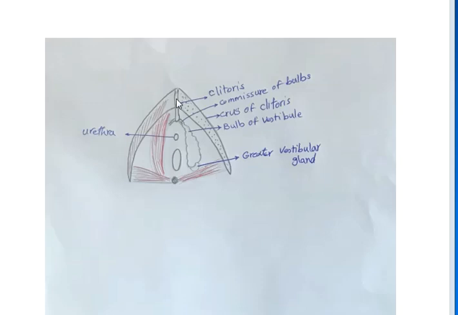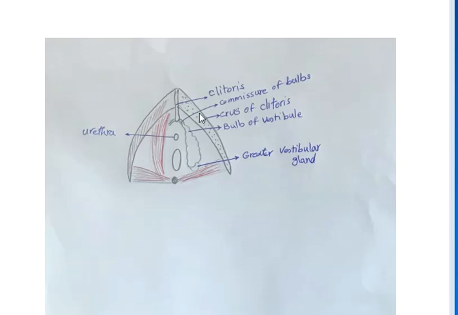So here is the anterior end of the perineal diamond. Here you face the pubic symphysis, not shown here, but the left and right crus of the clitoris are clear.